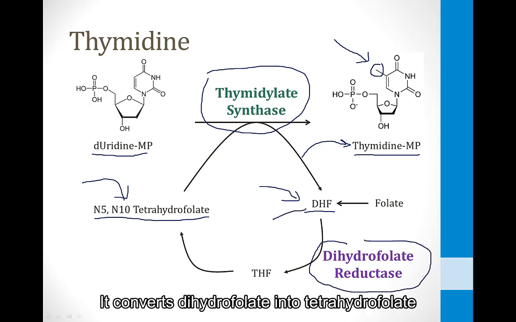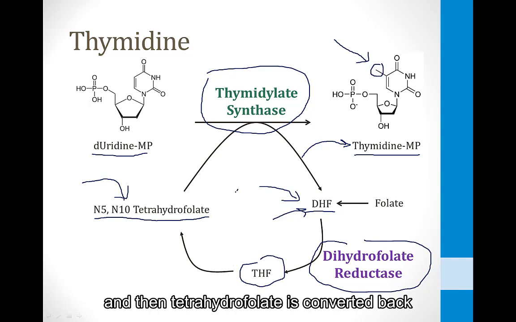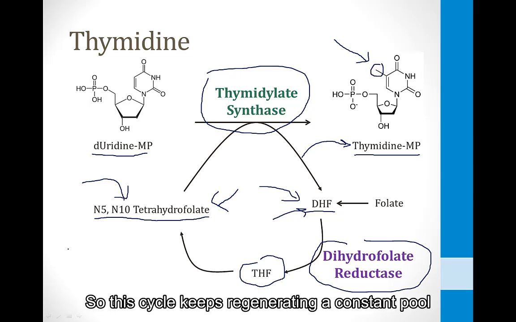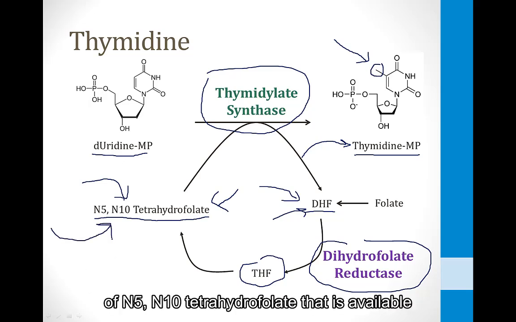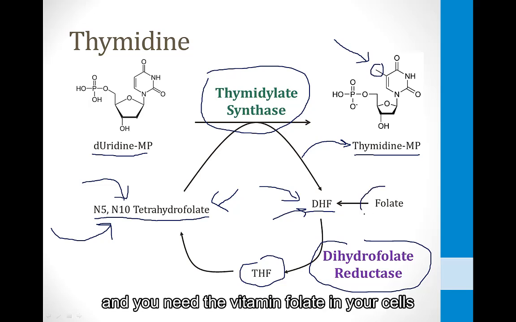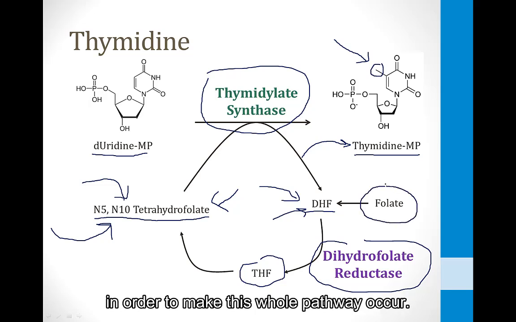It converts dihydrofolate into tetrahydrofolate, and then tetrahydrofolate is converted back into N5-N10 tetrahydrofolate. So this cycle keeps regenerating a constant pool of N5-N10 tetrahydrofolate that is available to synthesize more molecules of thymidine, and you need the vitamin folate in your cells in order to make this whole pathway occur.